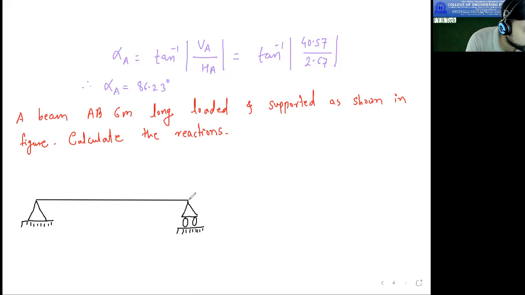Then some loads are given. Here the load is 5 kilonewton, but here it is 4.5 kilonewton, which is inclined, and in between them UDL is there.